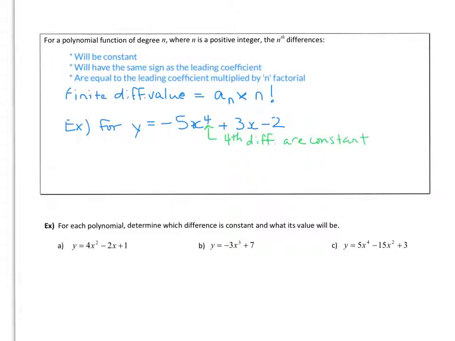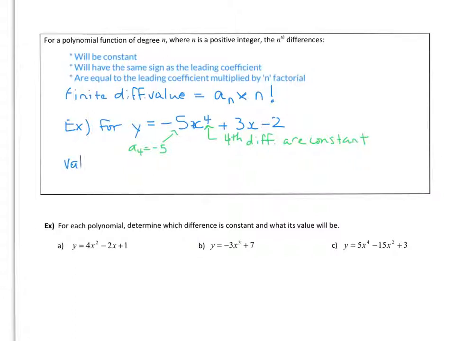We also know our leading coefficient, a4, is equal to negative 5 here. We know the value of the constant difference would equal negative 5 times 4 factorial.